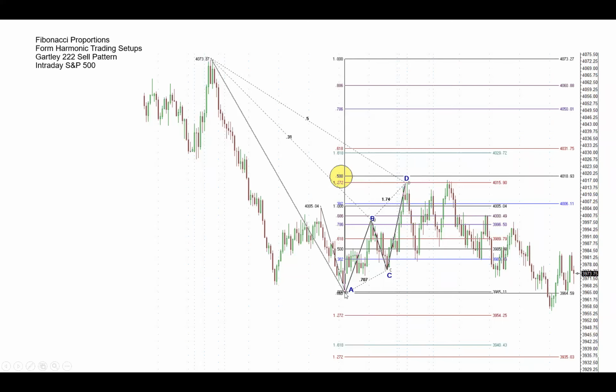If we put some structure, proportion, harmony to the markets with our fib ratios and some basic pattern structure, A, B, C, D, lightning bolt shape, this creates very usable trading setups that you can quantify your risk area, and also using tools like the Fibonacci retracements and extensions, you can also calculate your risk reward, potential profit taking areas with it. So let's just kind of walk through this.